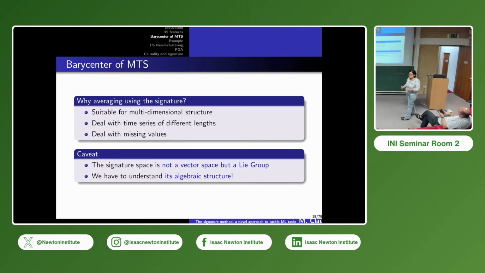So if you average the signature in a naive way, it won't work. The signature is a Lie group, so we can dive into the papers of Xavier Pennec, who wrote a lot of nice and beautiful papers about this Lie group setting.